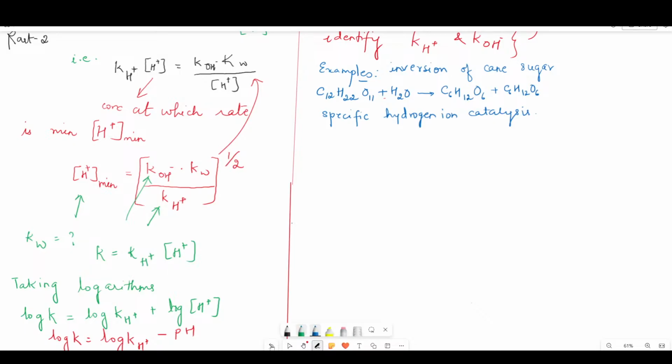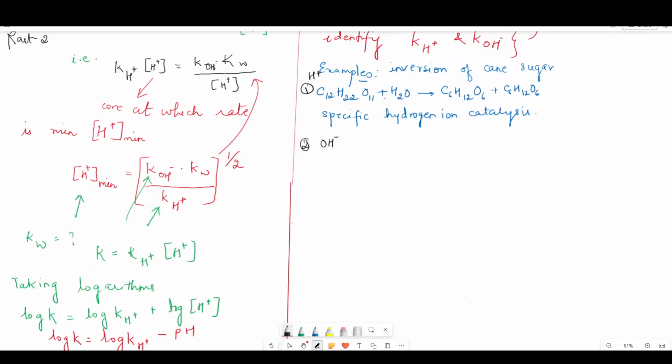Similarly, some more reactions are catalyzed by OH- ions, that is only OH- ions.